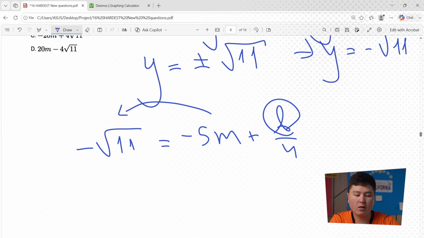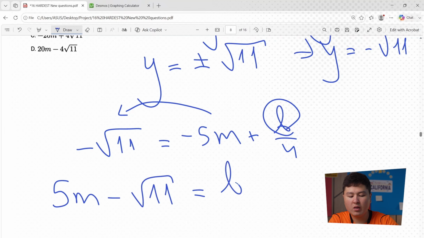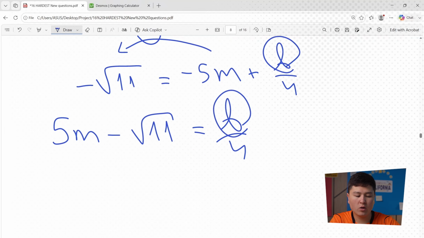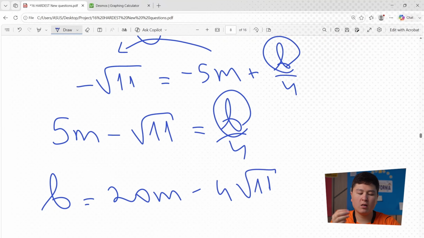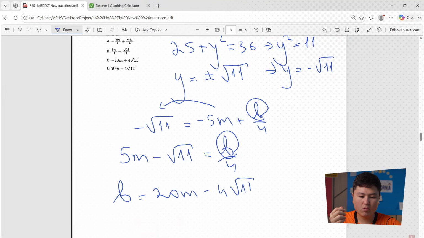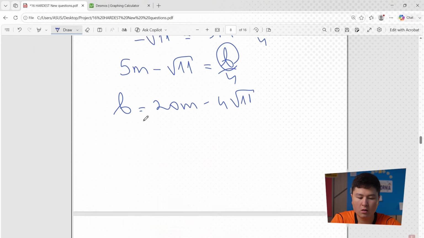So we're having 5m minus root of 11 equals b divided by 4. And to find the value of b, just multiply it by 4. So we're having b equals 4 multiplied by 5m, 20m minus 4 root of 11. So that would be b in terms of m, and that was given in option D. That's all, guys, not that hard.